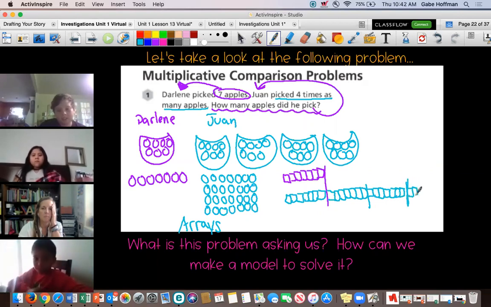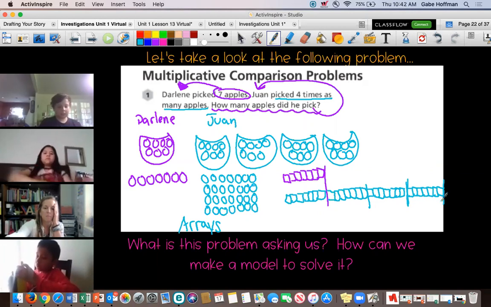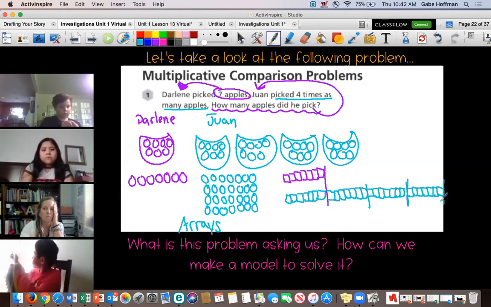And then 1, 2, 3, 4, 5, 6, 7. 4 times as many. So those are just a few different ways we could represent that problem, ways we could draw that out to help us solve it. A lot of people have worked with arrays. Sometimes arrays can be a simple way of putting it.